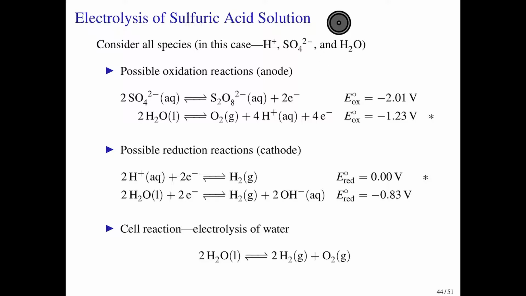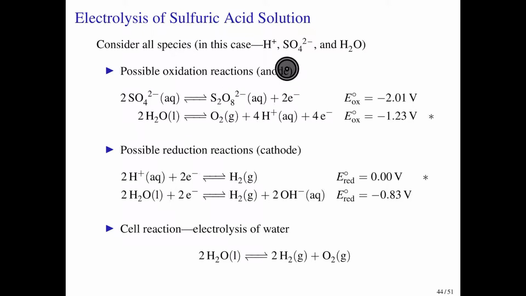As I said, hydrogen here has a +1 oxidation state in water, and it can't be raised any further than that. However, the oxygen is in a -2 oxidation state, and you can raise the oxidation number of oxygen from -2 to 0. So this is the possible reaction that could occur involving water at the anode.